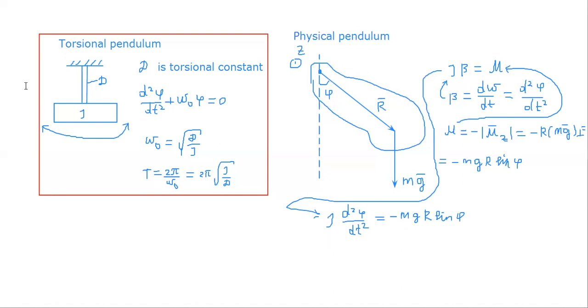This differential equation can be solved, but this requires an elliptic integral. But as you can remember from calculus, if the angle phi is small, it can be written that sine phi is approximately equal to phi.